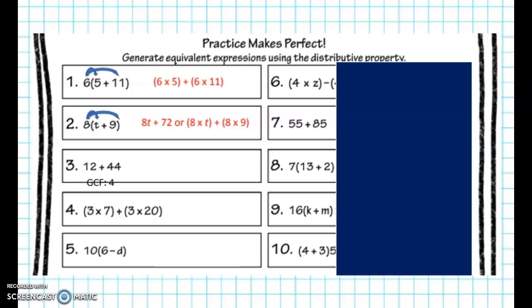Number 3 is already in expanded form, and we want to factor out a common factor to write it in factored form. Since 4 is a factor of 12, 4 times 3 and 4 times 11.